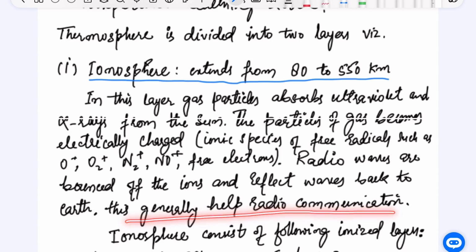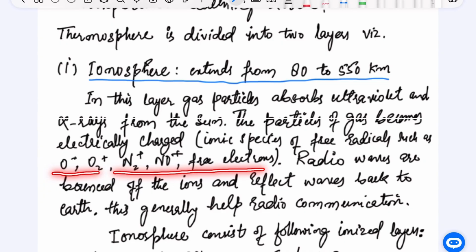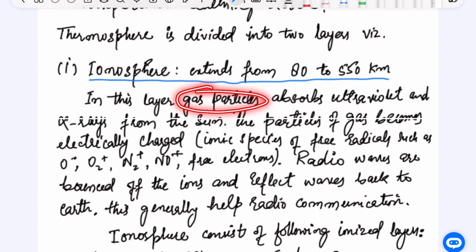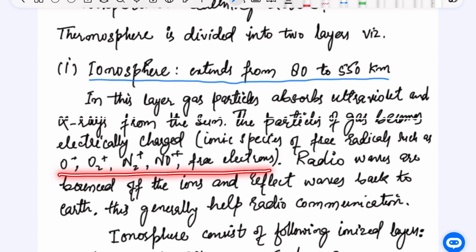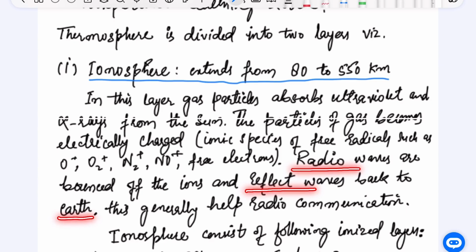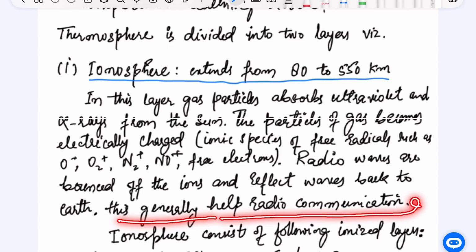So in the ionosphere we have different ions and radicals produced due to the absorption of ultraviolet and X-rays by the gaseous particles present in this layer. Once these ions and radicals are formed, they bounce back or reflect back the radio waves to the earth. This bouncing back of the radio waves generally helps radio communication.